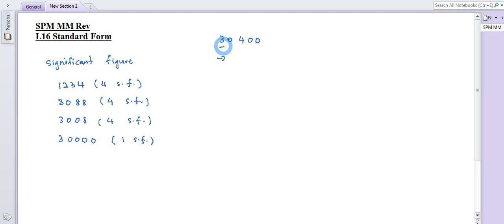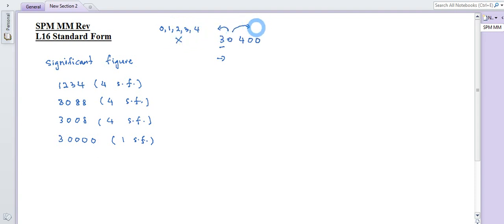So I have to remember how we round off a number. To the nearest 10,000, I have to look at the number on the right hand side of this digit. This is 0, so I don't have to add 1. Remember this rule: if you have 0, 1, 2, 3, 4, you don't have to add 1.